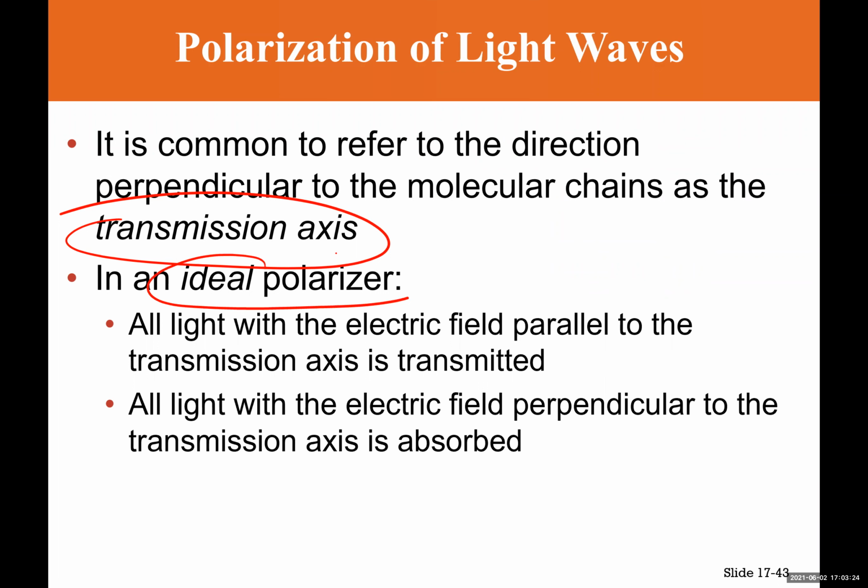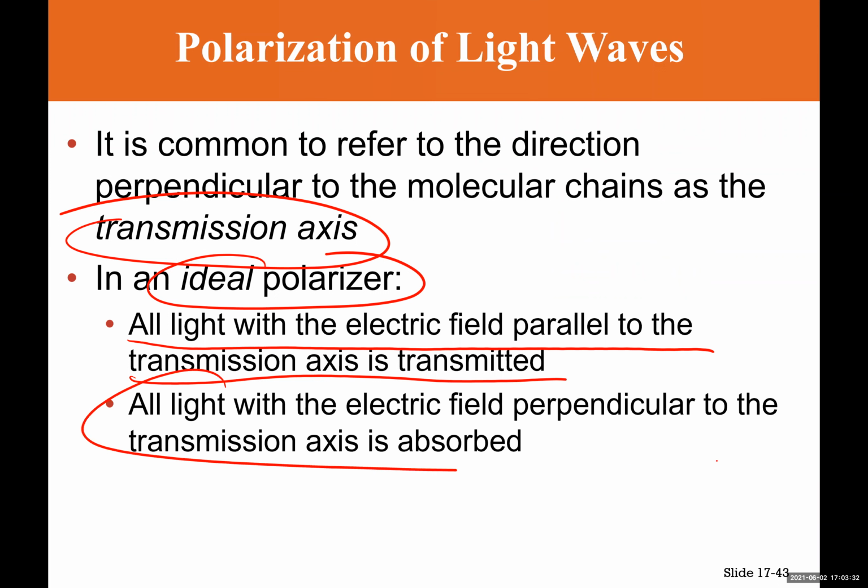For an ideal polarizer, all light with electric field parallel to the transmission axis is transmitted. All the light with the electric field perpendicular to the transmission axis is absorbed. Now, as I said, here's natural light.